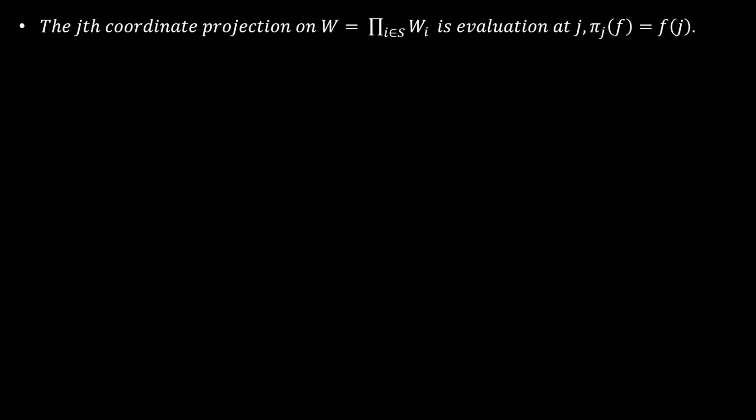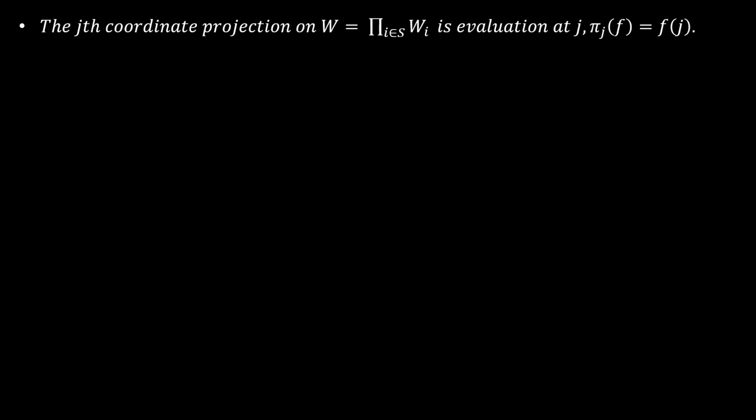If we remind ourselves about the coordinate projection, we see that the jth coordinate projection on this vector space, the Cartesian product vector space, consisting of all these vectors wi, is the evaluation at j.